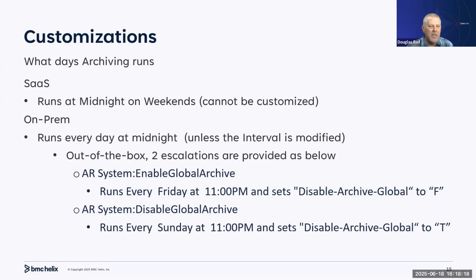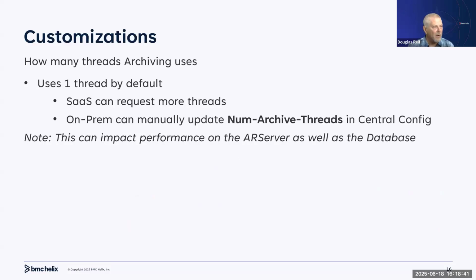And it does it by setting the central config parameter, disable archive global. It'll set that to true or false. But on Sunday night at 11 p.m., it'll set it to true, which means disable. And therefore, Monday morning at midnight, it will not run. So that's something that you can, as an on-prem customer, set or modify. And for SaaS, it's just something for you to be aware that it happens.